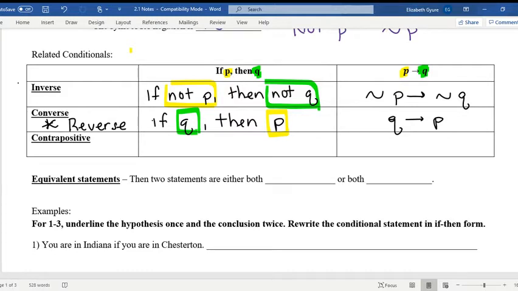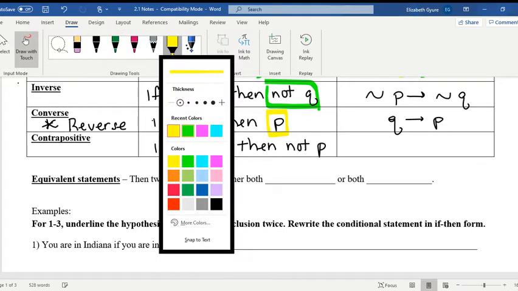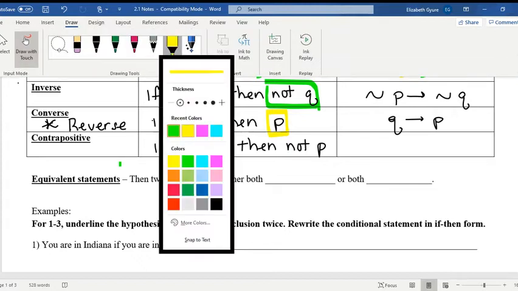And then our last one is called the contrapositive. That is our reverse statement, so our converse, but now it's negated. So we're going to say if not Q, then not P. So if not our conclusion, then not our hypothesis.